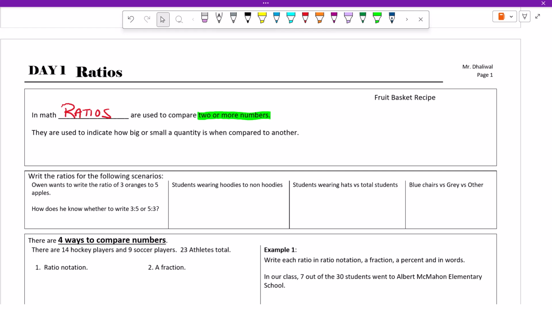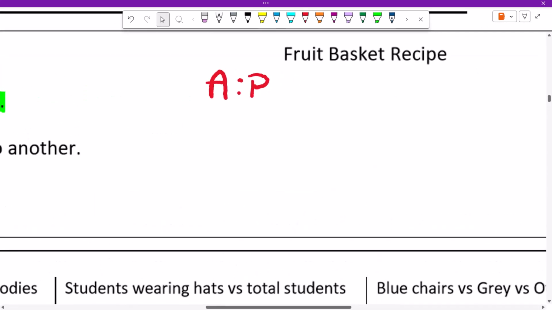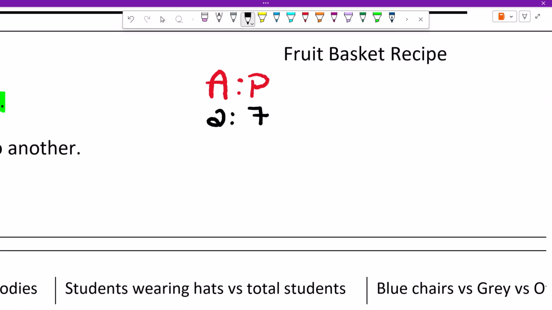Now, for instance, maybe you have a shop and you sell fruit baskets, and you have a basic fruit basket that has apples and pears in it. Your formula for selling your fruit basket is comparing apples to pears. And the way it works is, for every 2 apples, I'm going to put in 7 pears.